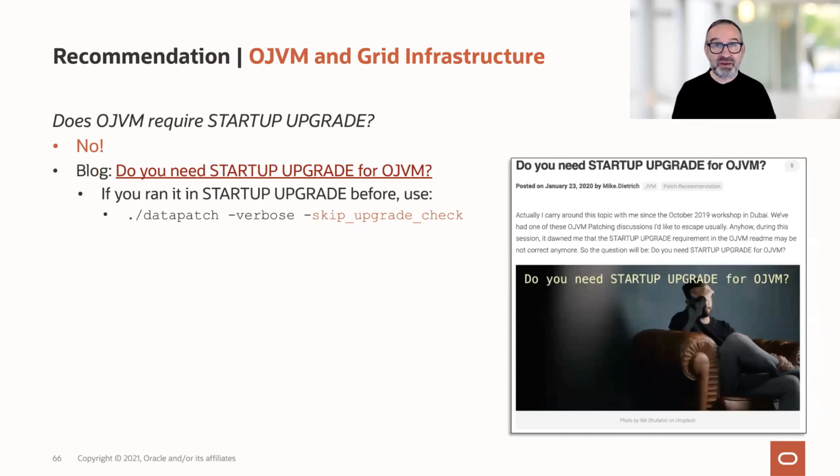Another thing of discussion is, does OJVM require a startup upgrade when you apply it? And also clearly, no. This is a leftover from the dark ages, I would say, in the README. When you go into the README, it still has this table explaining how to startup upgrade and so on.